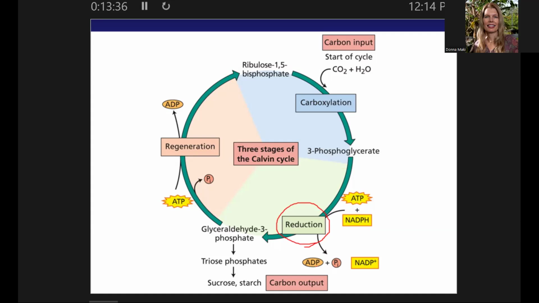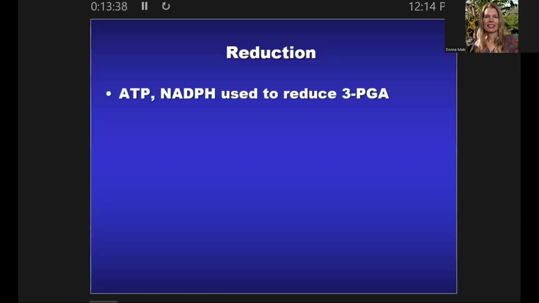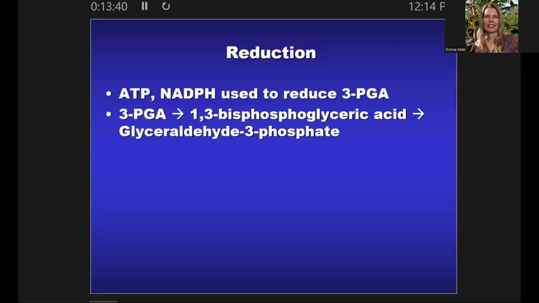Okay, so with the reduction, we start with the PGA. And there's an intermediate compound, which you don't need to know. And you end up with glyceraldehyde 3-phosphate. So you go from PGA to G3P.